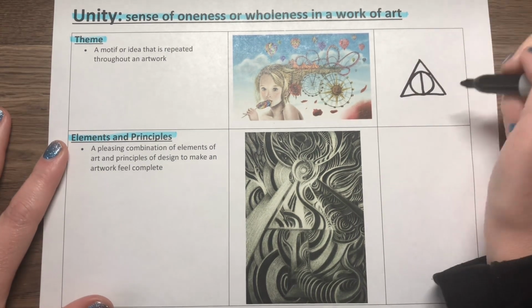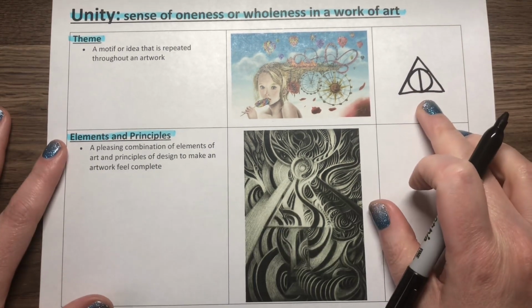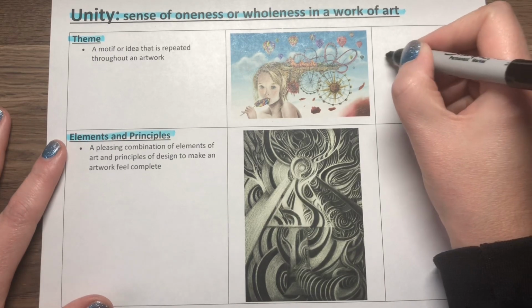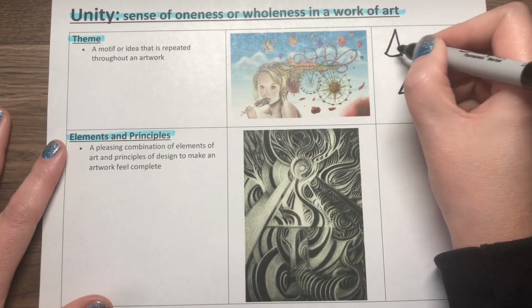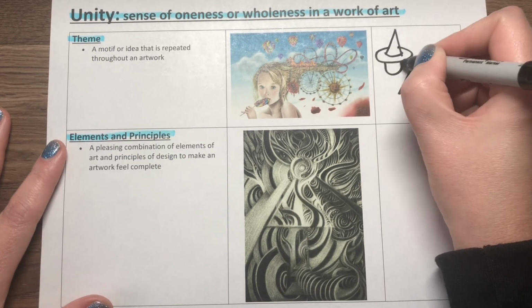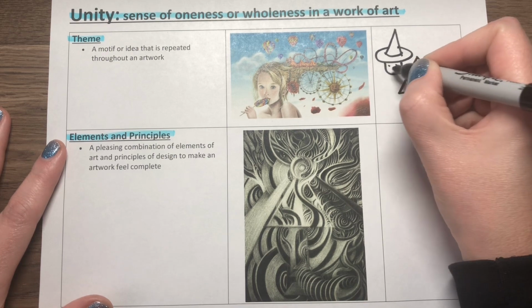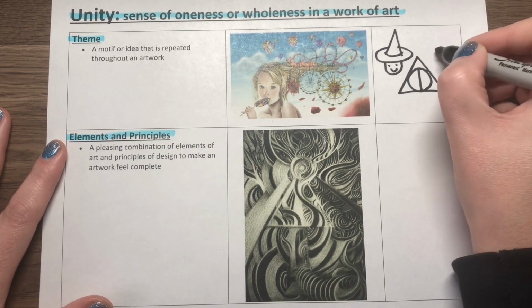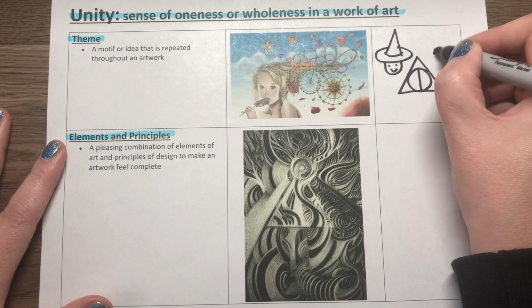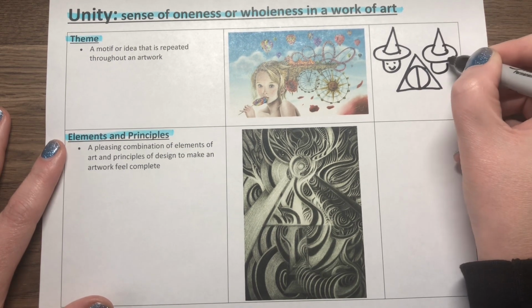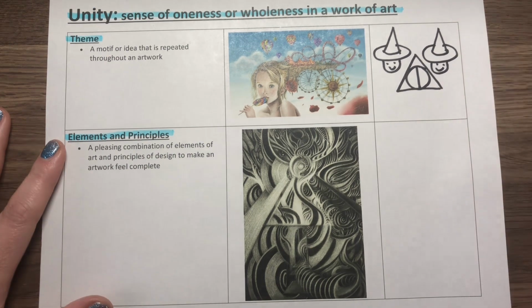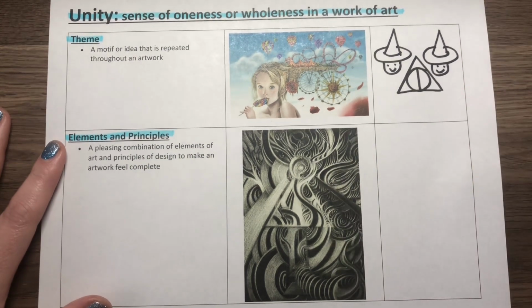And then maybe since you can't just have one thing, maybe I'll have a little wizard hat. Okay, here's a wizard. And then, let's see, here's another wizard. All right. So this is my Harry Potter theme.